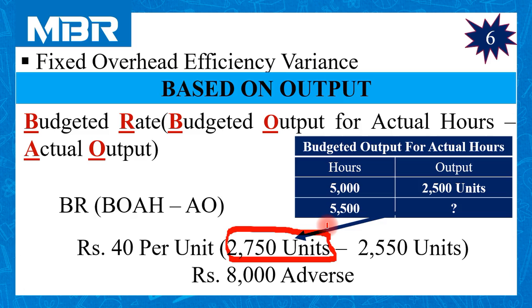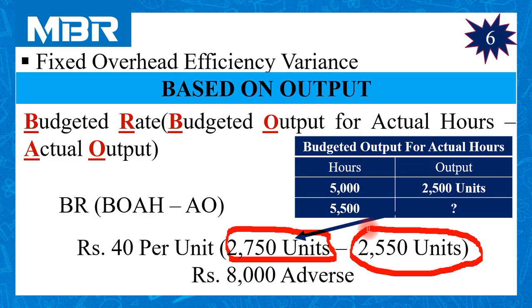Instead of 2750 units, we have actually produced 2550 units. It means we had the capacity to produce 2750 units, but by taking the same time we have produced 2550 units only.